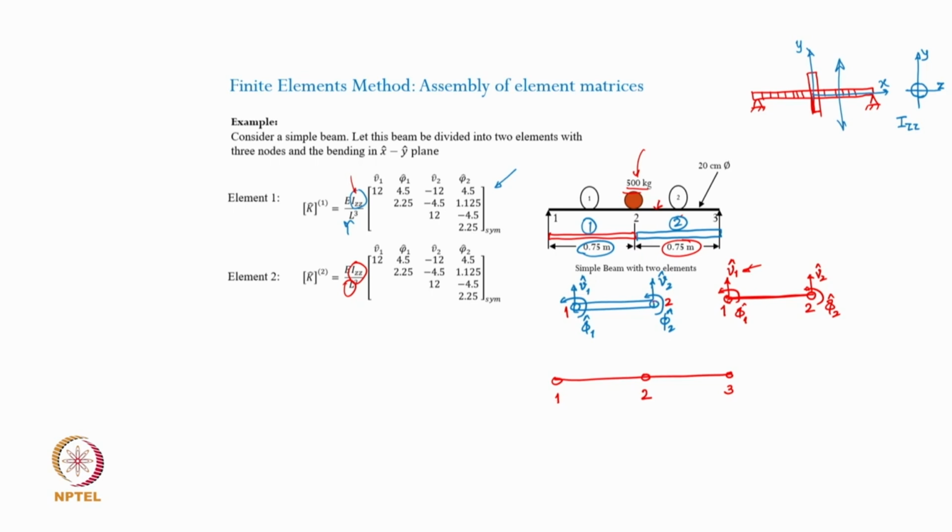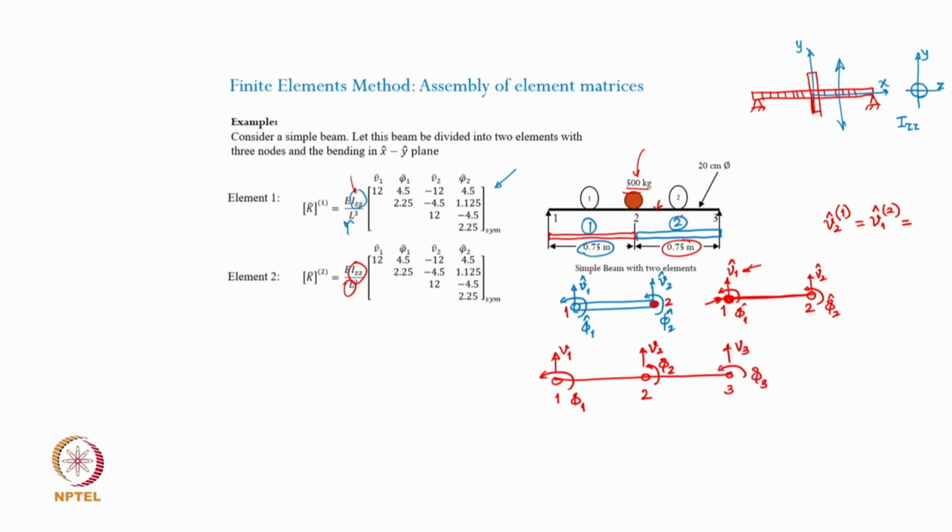Now, this particular node of the first element and this particular node of the second element are actually coincident nodes, and it is quite obvious that this V 2 cap pertaining to the first element will be the same as V 1 cap pertaining to the second element, and obviously in the global coordinates, if we define the nodal degrees of freedom as V 1 and phi 1 here, V 2 and phi 2 here, and here obviously it is going to be V 3 and phi 3.